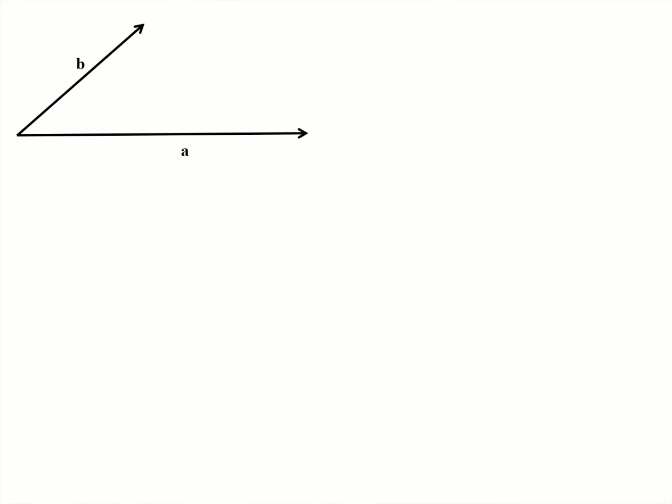So I have those two vectors, A and B, and now what I want to know is the projection of B onto A. Well, what is that even? What you do is you put A and B together, put their tails together, and then draw a perpendicular line down or up, and in this case it's down to A from the tip of B. So I have that.